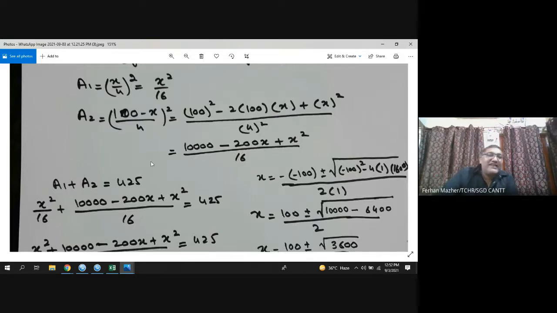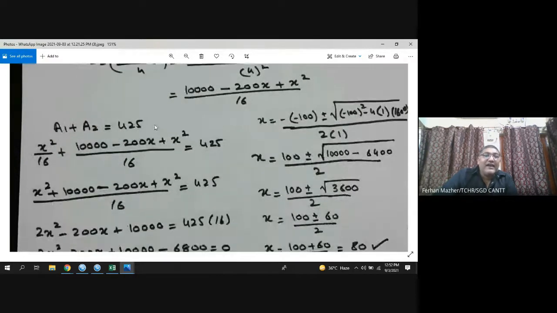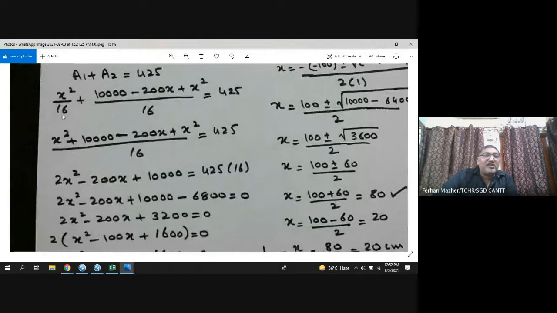So it means that area 1 plus area 2 will be 425. So I will substitute the value of area 1 and area 2 in this equation, and then you will have this situation: x squared by 16 plus (10,000 minus 200x plus x squared), the whole thing divided by 16, equals 425. These are two fractions, and they have an addition sign here.